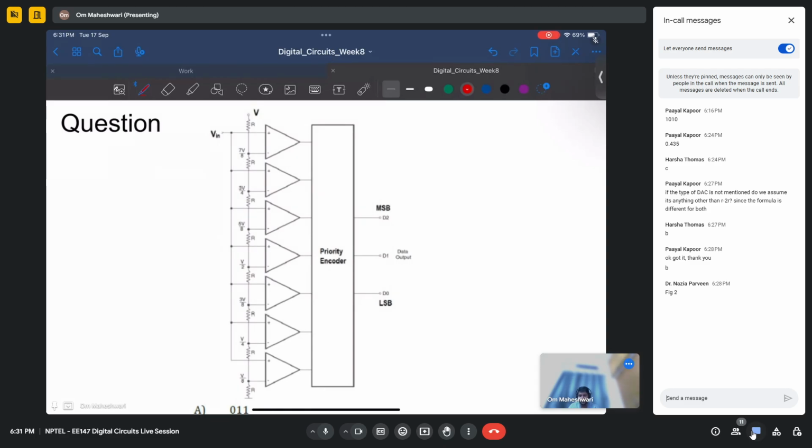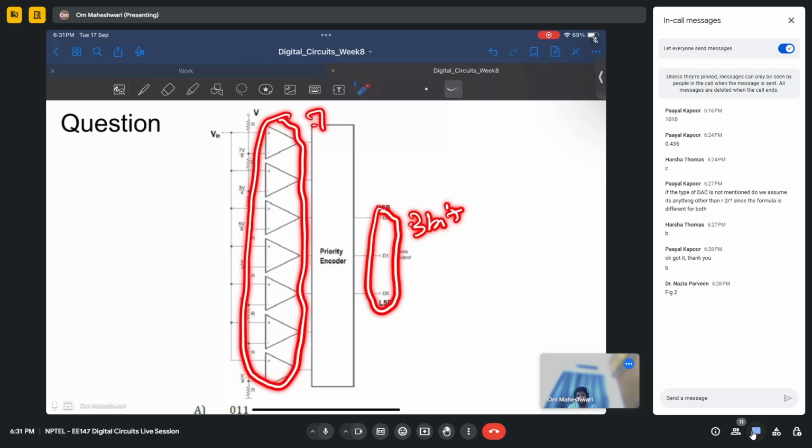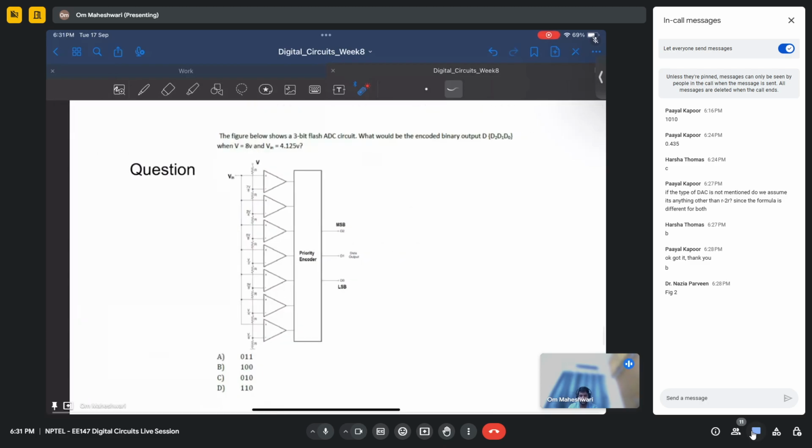So you have here, for a 3-bit, D0, D1, D2, this is 3 bits. You have 7 comparators. We'll get into this question later, but I was just trying to show you.